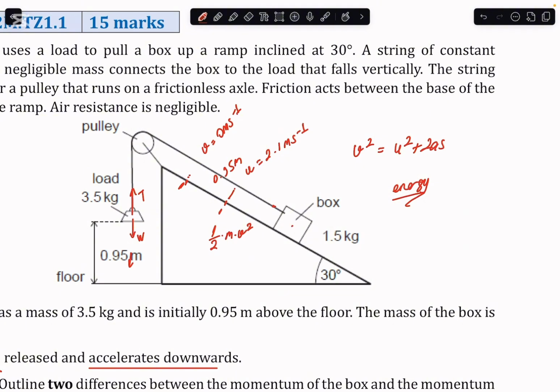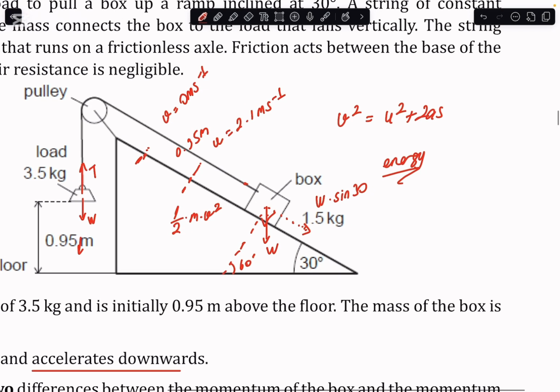Why? Because this is how the weight is acting on the box, right? So weight has two components. This component is acting downwards, and it's W sine 30. This is a mathematical explanation. You can just fact check it yourself if you can understand it. W sine 30, I'm sorry, I was going to say theta.